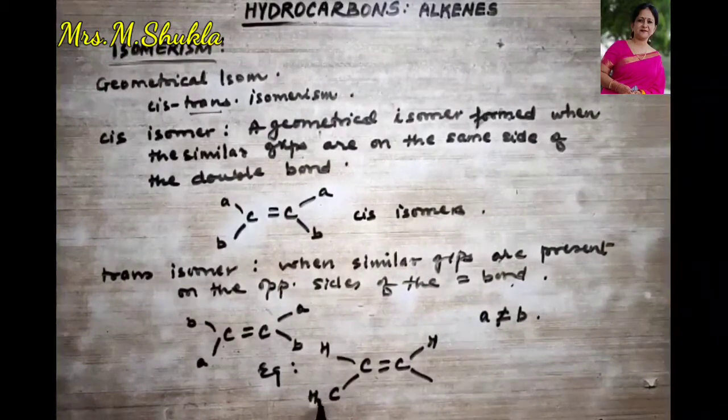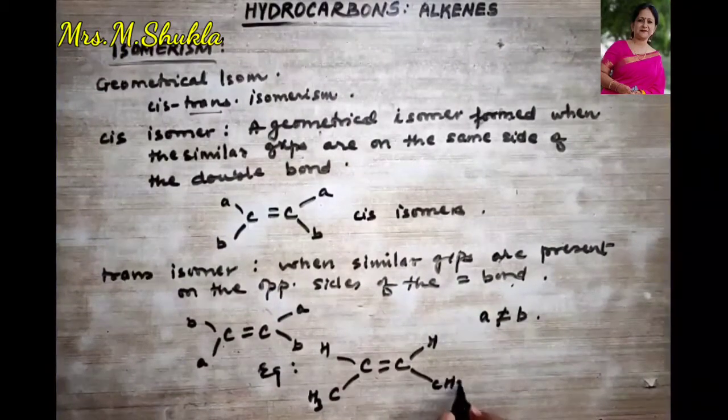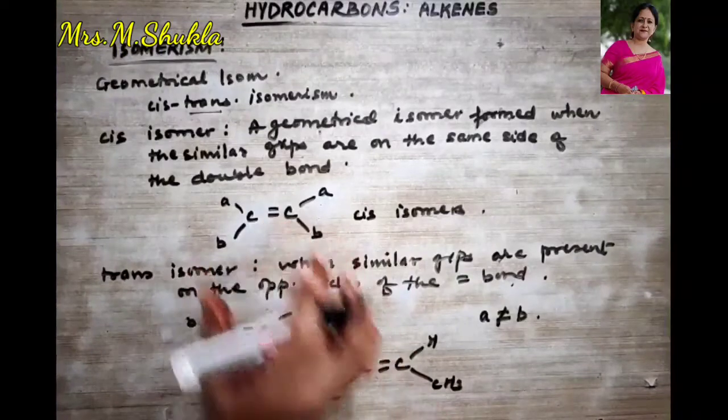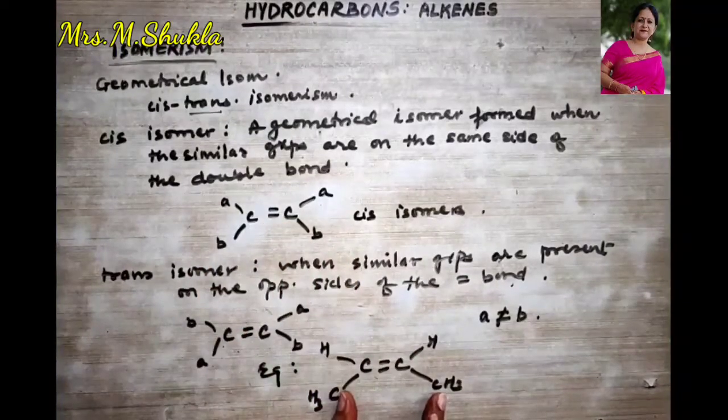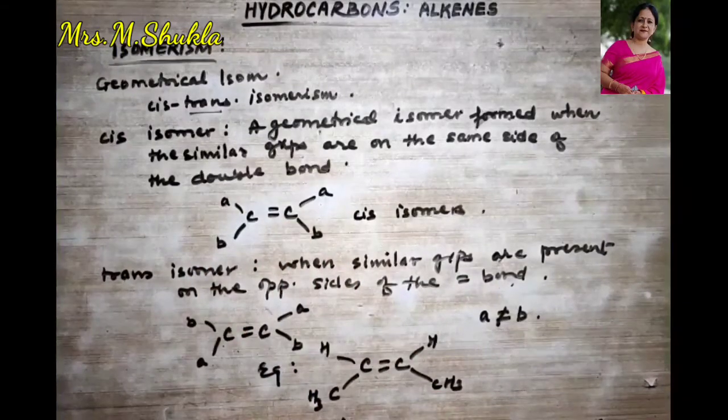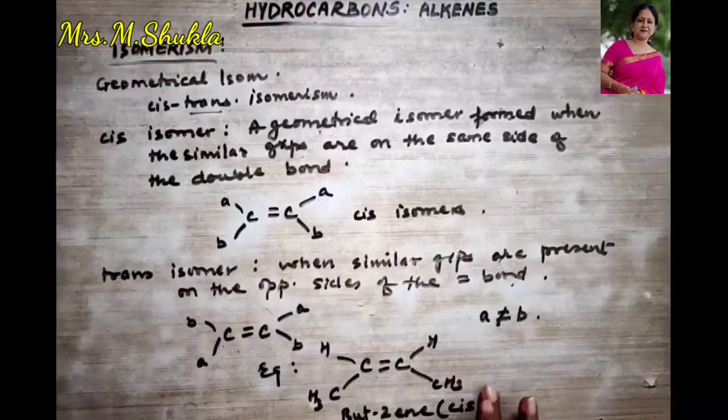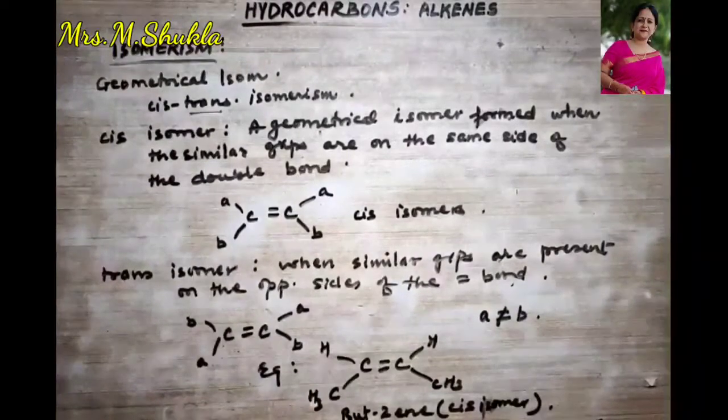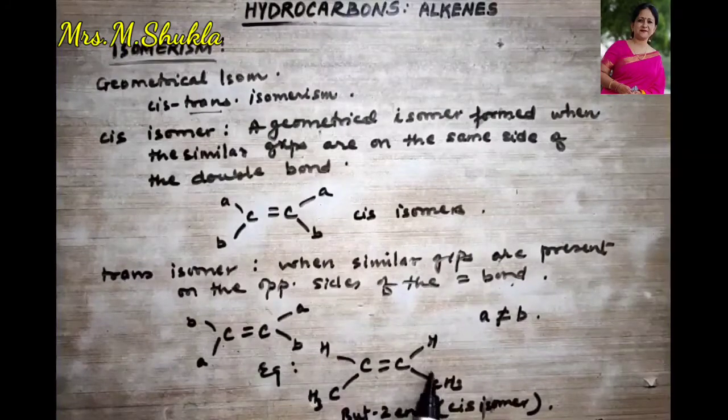So this is CH3, this is CH3. So what did we see over here? This is called the cis isomer of butene. Is this clear? Because what do we see? Similar groups on the same side of the double bond.